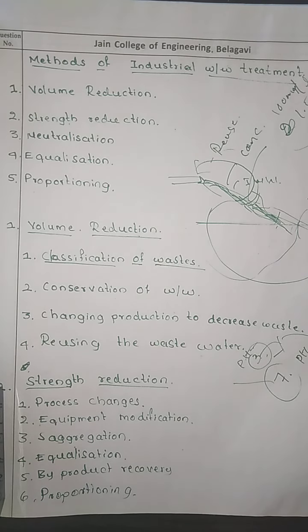By this we can reduce the quantity of wastewater discharged into the receiving water body. Then strength reduction can be done by process changes like equipment modification, segregation, equalization, byproduct recovery and proportioning. So this is how we can reduce the concentration, quantity and strength of the wastewater discharged into the receiving water body.